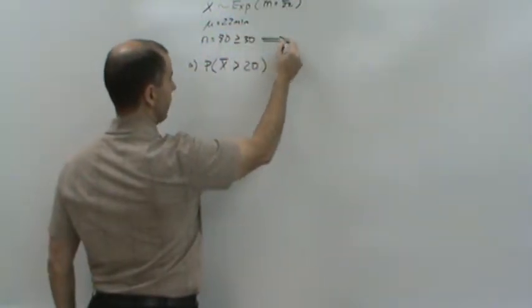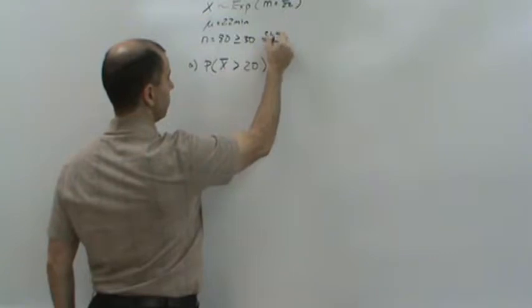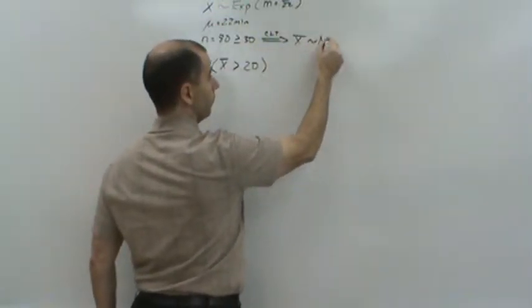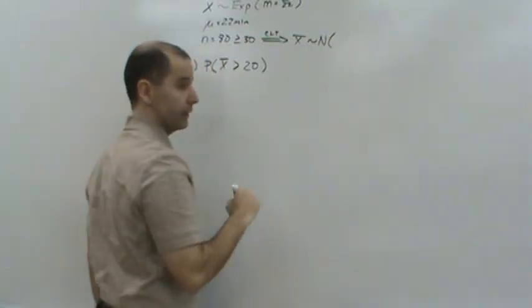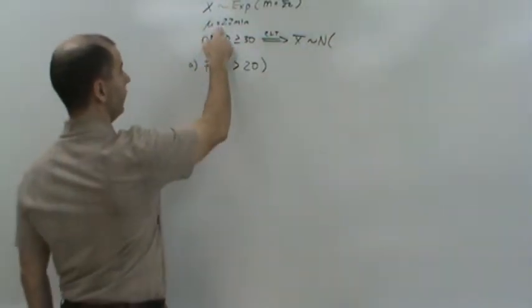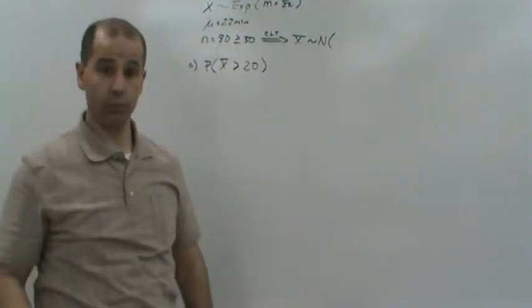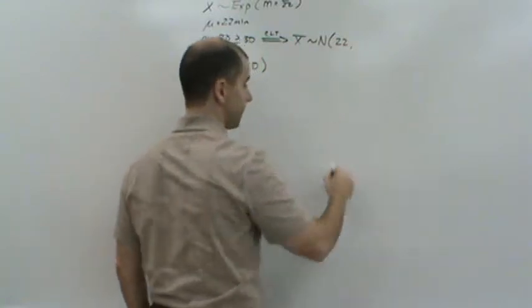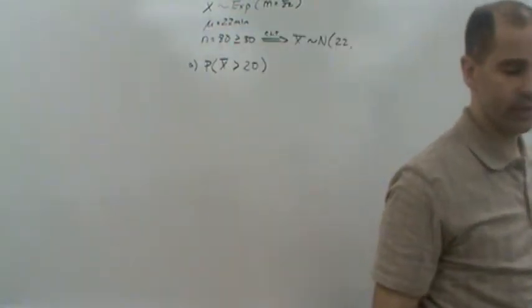So that tells us, using the central limit theorem, that X bar is approximately normal with a mean of what? What's the mean of the population? Mu is 22, so it's going to have the same mean. What about the standard deviation? What's the standard deviation for an exponential distribution?